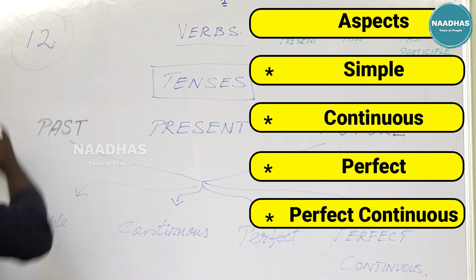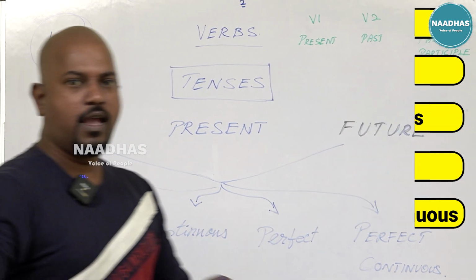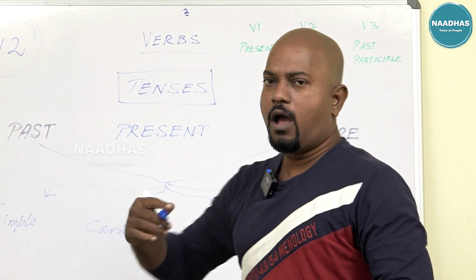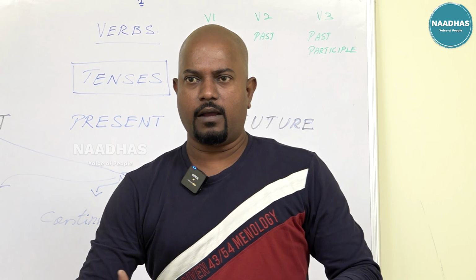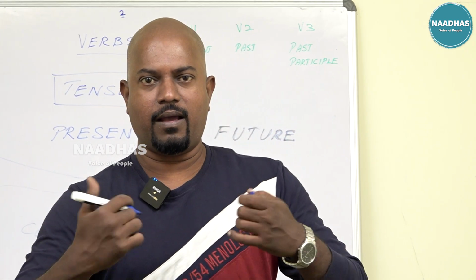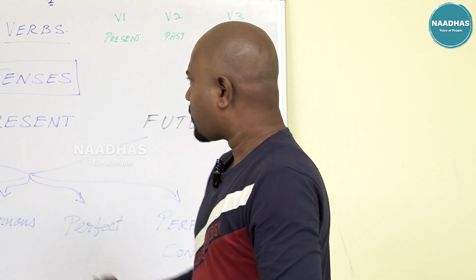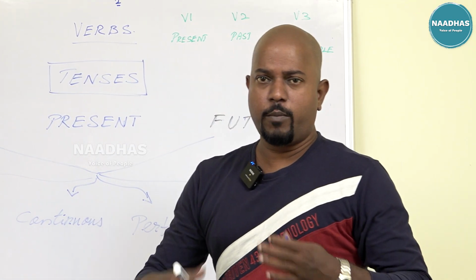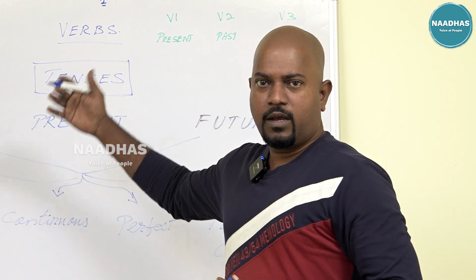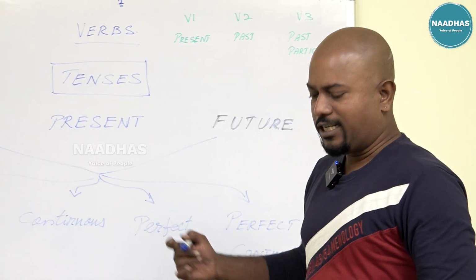So 12 tenses. If you are good and familiar with these 12 tenses and how to use them, we can say you're good in English, or good in speaking or good in writing or whatever. Fine. So that's why we give more importance to the verb, the tenses, and these four aspects, right?